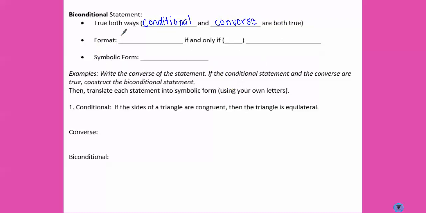The format for them is you will have the hypothesis, then if and only if, which is abbreviated IFF, and then the conclusion. Symbolically, we have P for our hypothesis, and then for if and only if, we use the double arrow, and then Q for our conclusion.